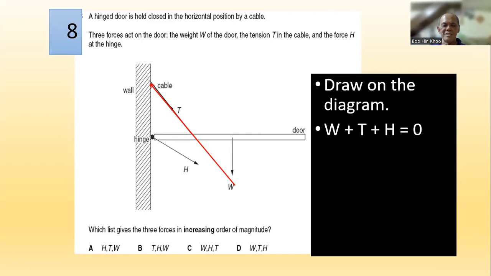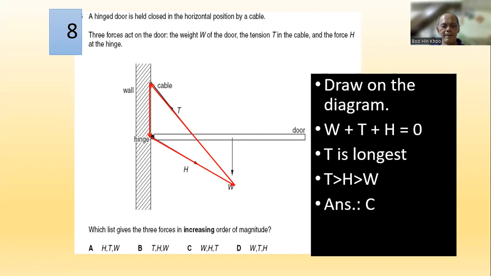That's your T. That's your W. That's your H. They form a closed triangle. So we can see the smallest one is W. T is the largest one. The answer is C.